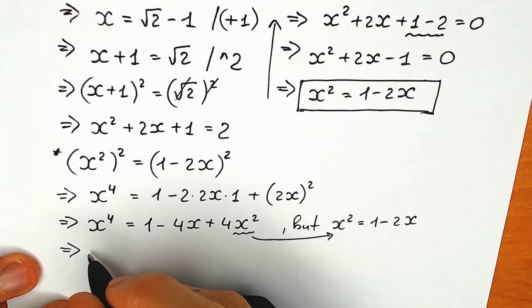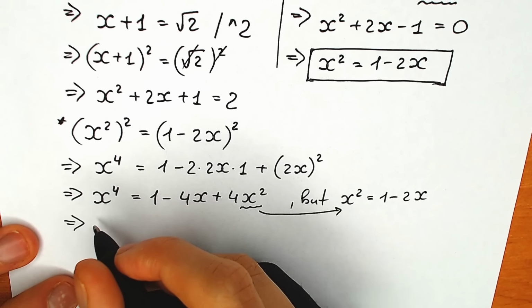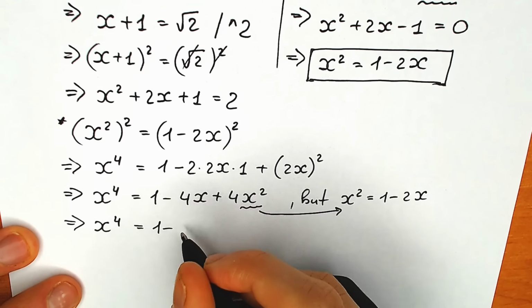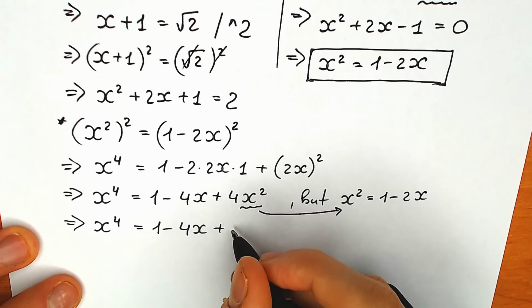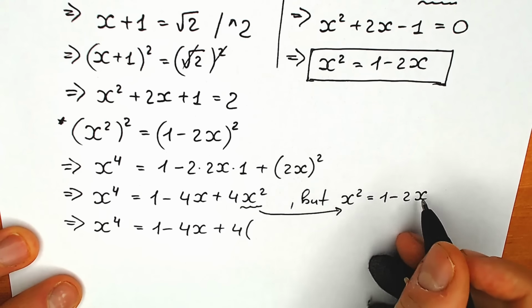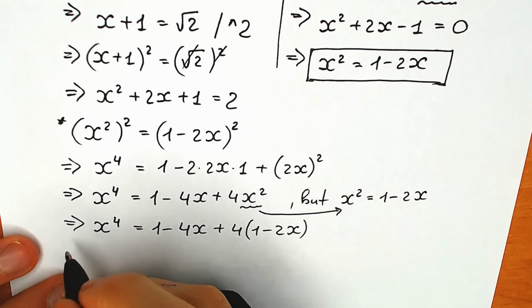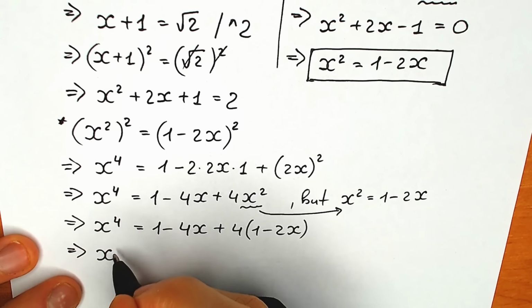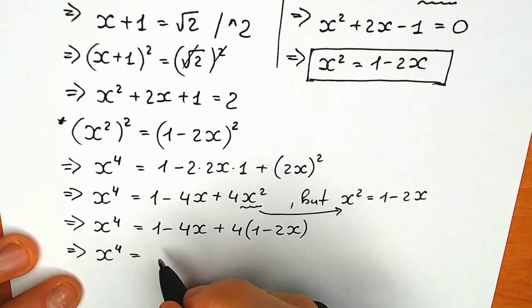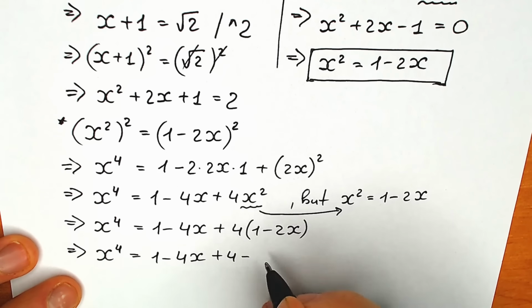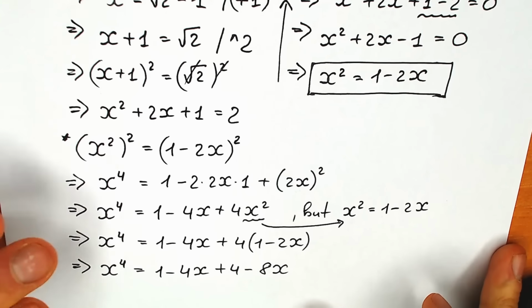So we have x to the power 4 equal to 1 minus 4x plus 4 times x squared. X squared equal to this expression, 1 minus 2x. From here we have x to the power 4 equal to 1 minus 4x plus 4 minus 8x.